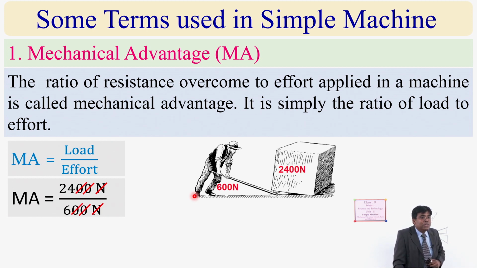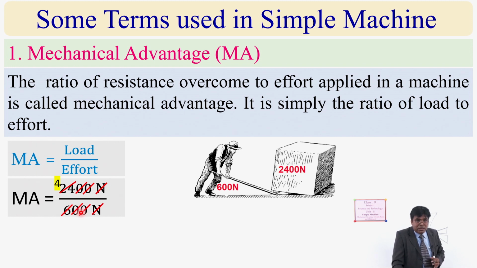Now 6, if you divide 24 by 6, we'll get what? Yes, 4. That means 4. Just 4. No symbols are left here. It means 4 is just a numerical value. Here is no unit. So very simply we can say this mechanical advantage has no unit.